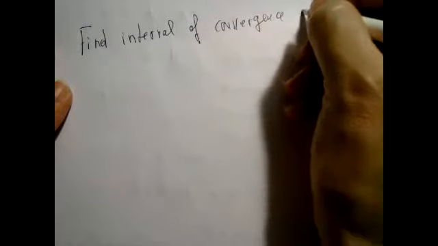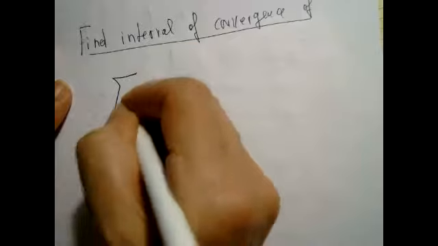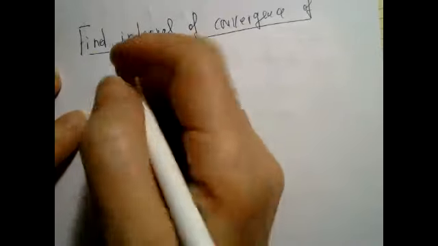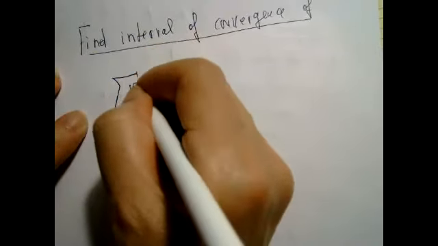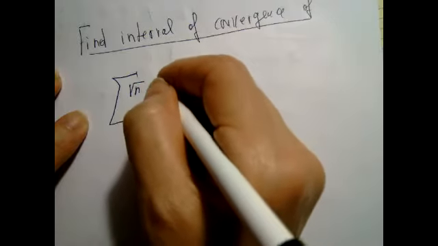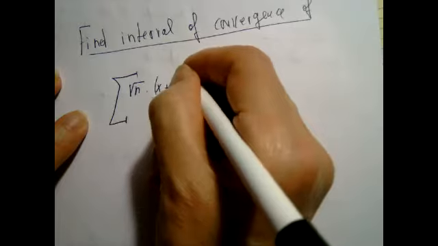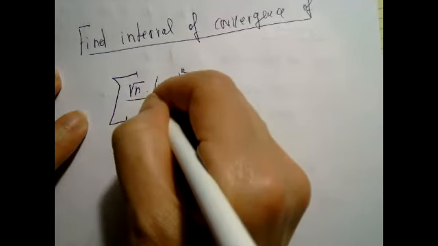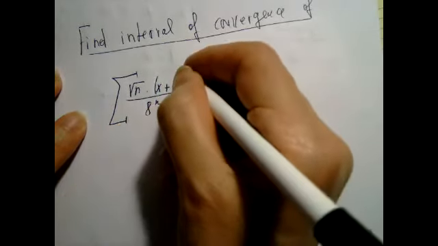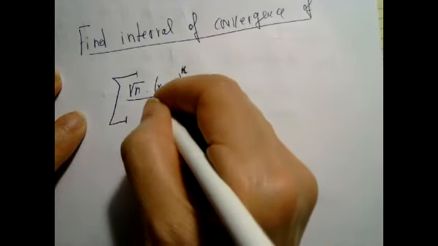Of the following series, sigma of, let us say, square root of k times (x plus 6) to the power k over 8 to the k. And k doesn't really matter.